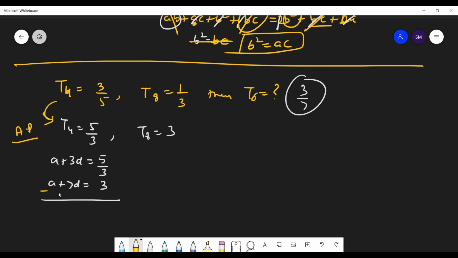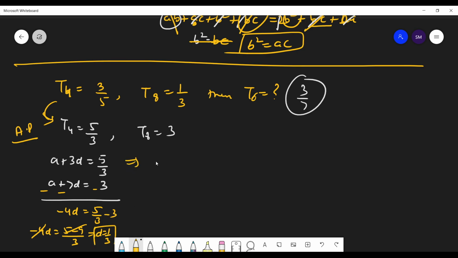Mehak, Anshita, and all you people are really working hard. So students, here you get the value of 5 by 3 minus 3. So minus 4d equals to 5 minus 9 upon 3, right? So this is also minus 4, this also minus 4. So d equals to minus 1 by 3.